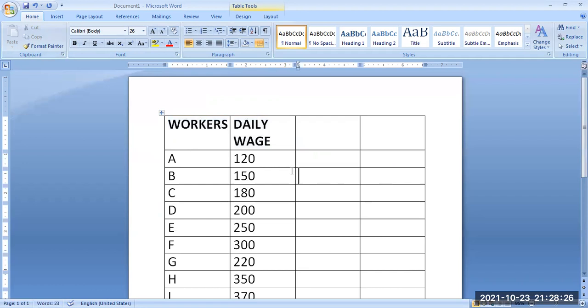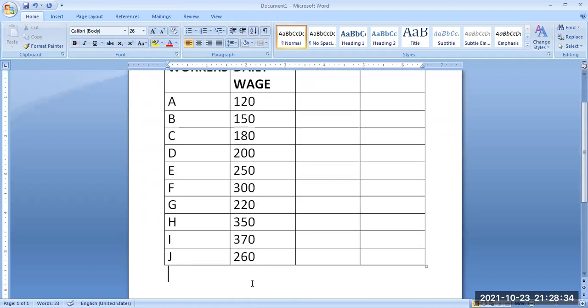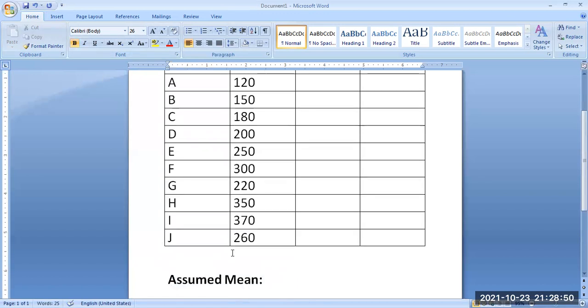Now you understood the direct method, no? So this is the assumed mean method. What do you mean by assume? Assumption means taking randomly, guessing.